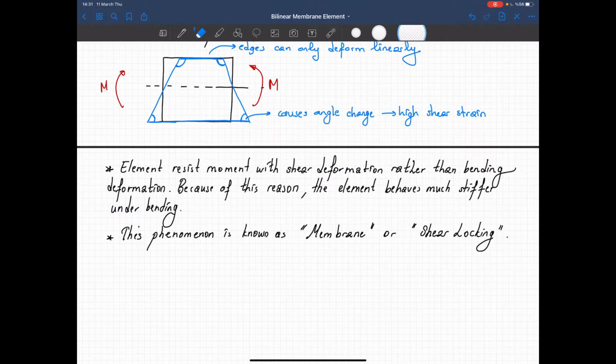How do we avoid locking? Let's take a look at it.